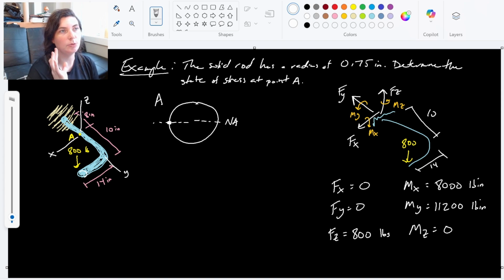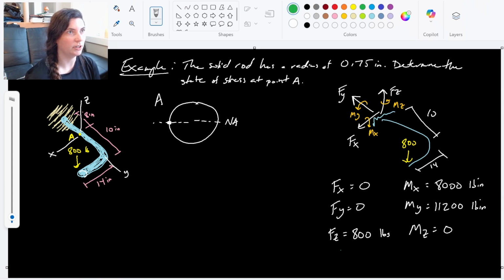So now, as I'm looking at all of these things that I have, I can look at all of the stresses that I actually have. So in this case, I have FZ acting as a shear stress, right? FZ is acting in this direction on our cross section.